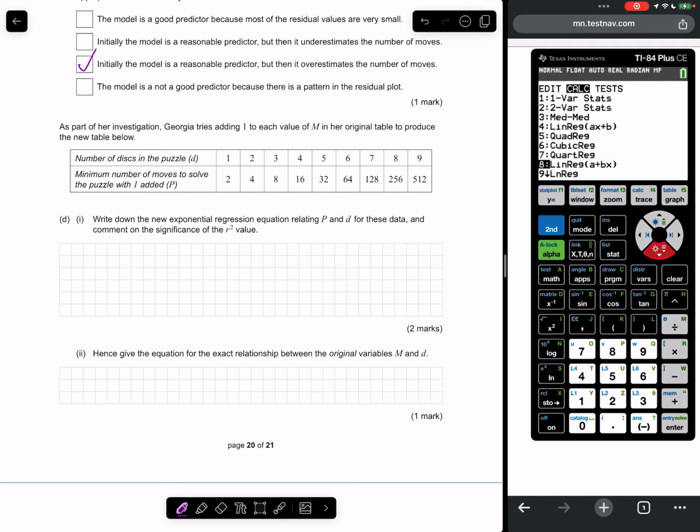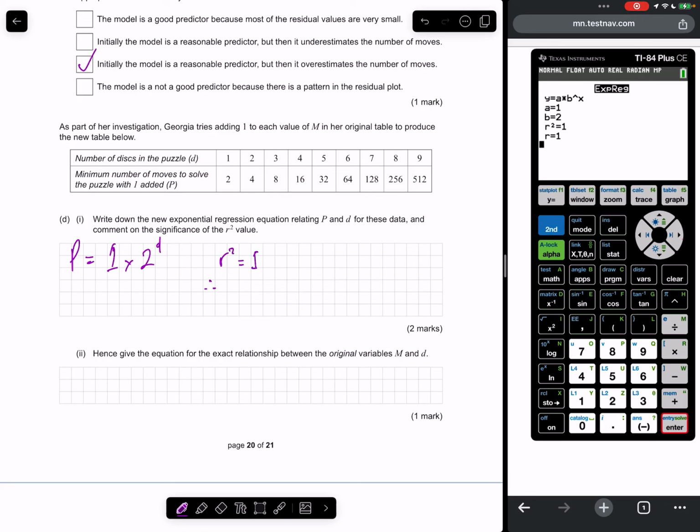Calc, ExpReg. It's like 1 to 1. This is saying the number of moves is equal to 1 times 2 to the power of d. R-squared equals 1.